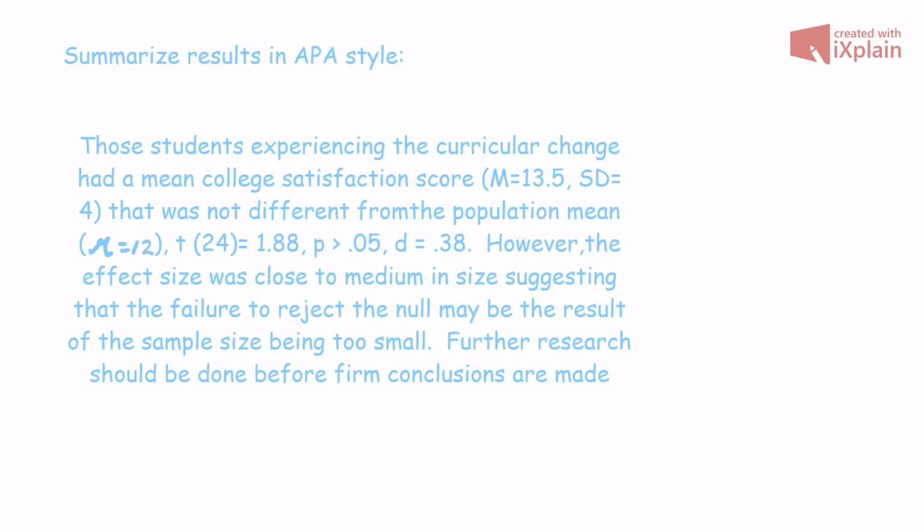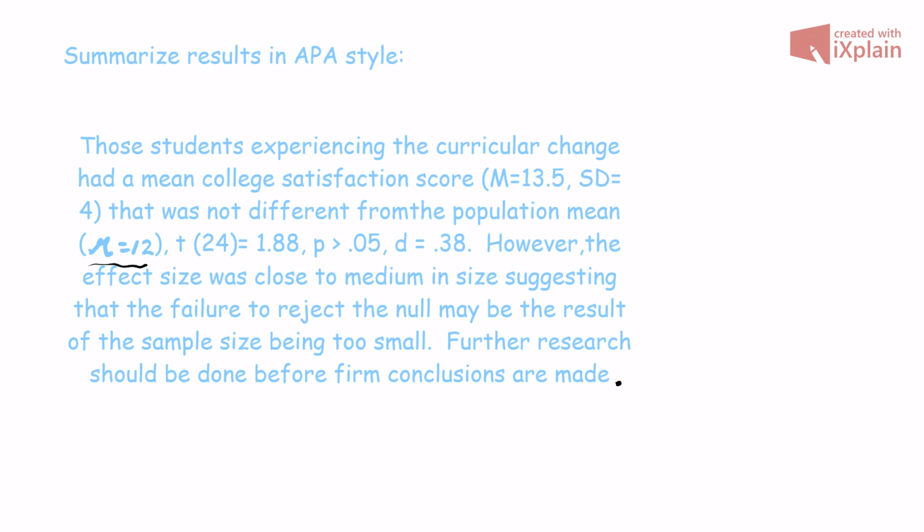Further research should be done before firm conclusions are made. Period would be nice. Now notice I've written in that mu equals 12 here. My computer wouldn't put that symbol in easily, so I just wrote it in by hand.